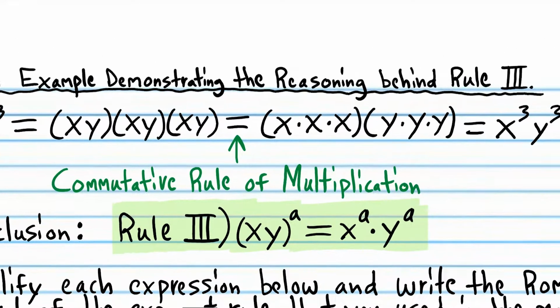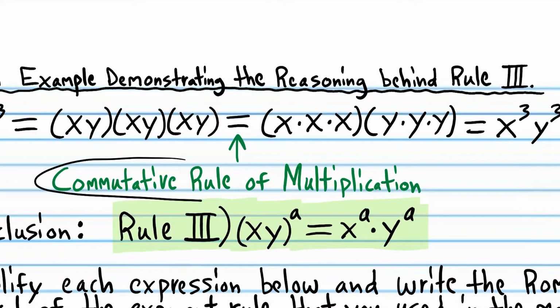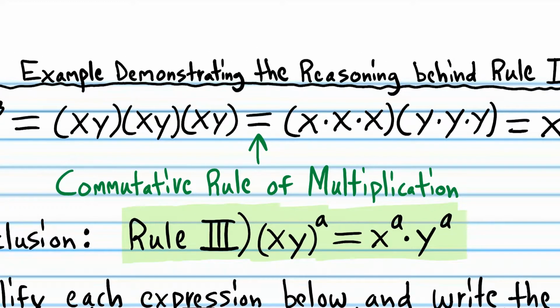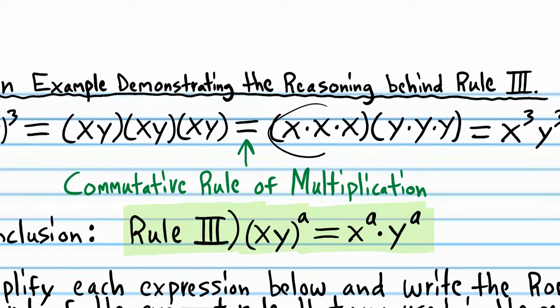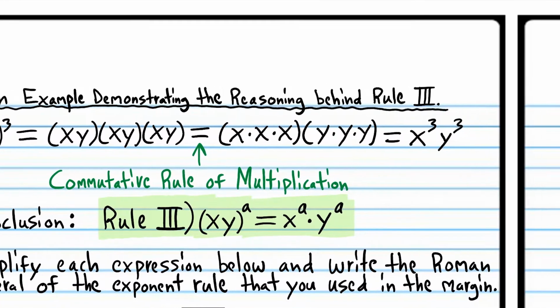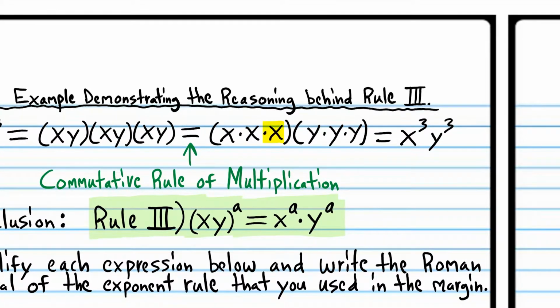Now, the commutative rule of multiplication, which we learned in a previous class, tells us that we can order the multiplication any way we want to. So we can change the order of these terms. So why not just group all the x's together and then group all the y's together? Now, if you do that, you can take the x's and change them to x to the third power, and you can take the y's and change them to y to the third power.